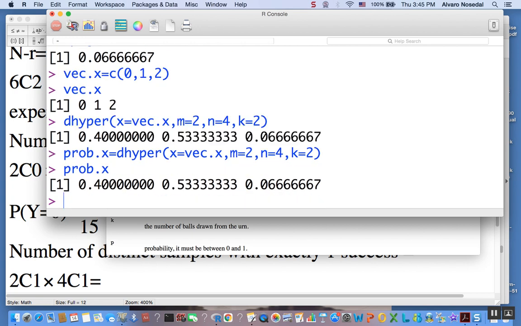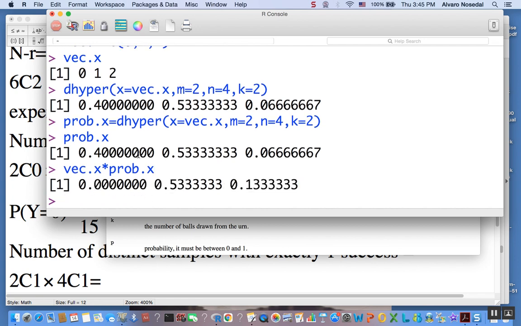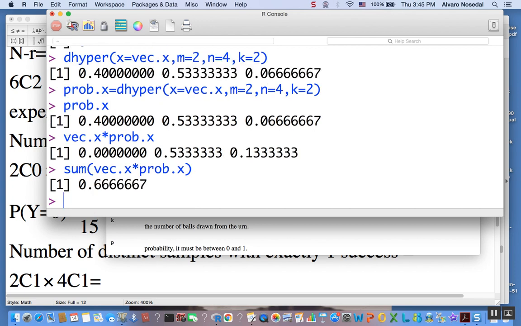So that contains the probabilities of our possible values. And then let's just do that multiplication, the vector x times the probabilities. Then we have this, a product, but we want the sum of those products between y and the probability of that particular y, and that happens to be 0.666666, which is 2 divided by 3, roughly.